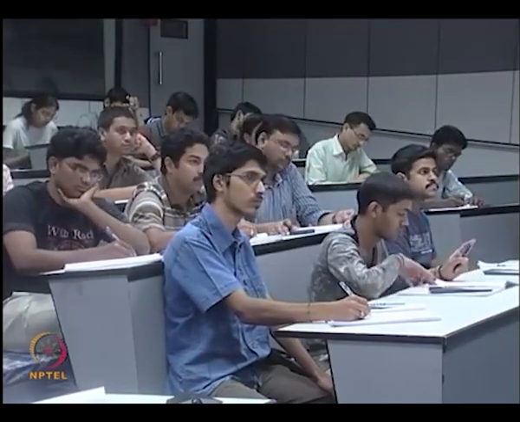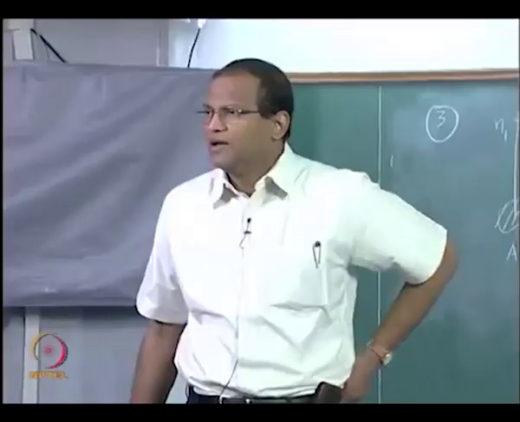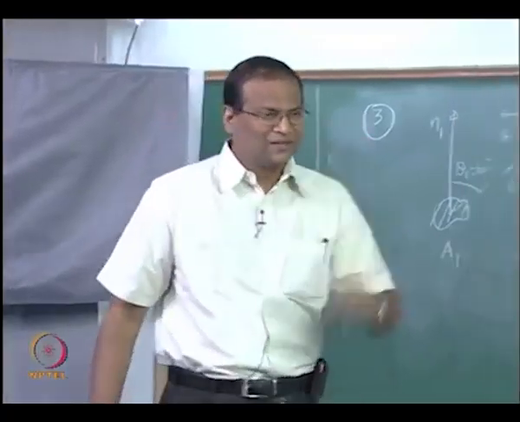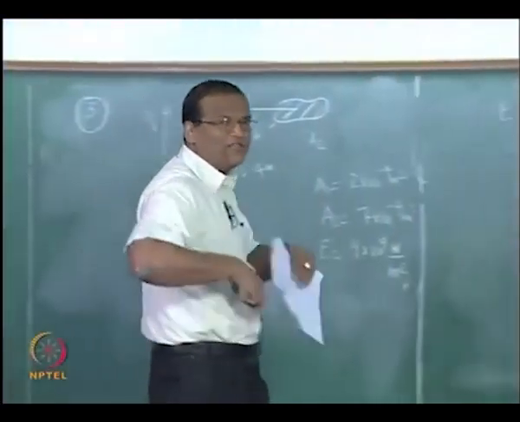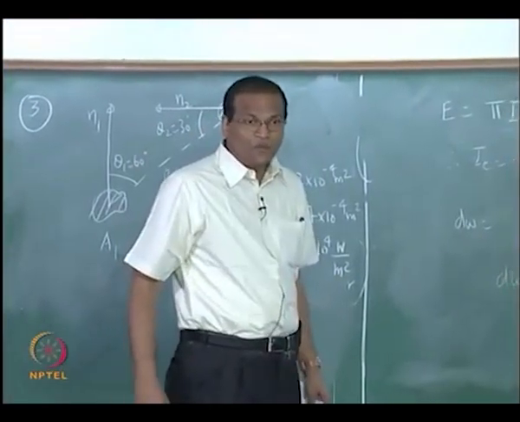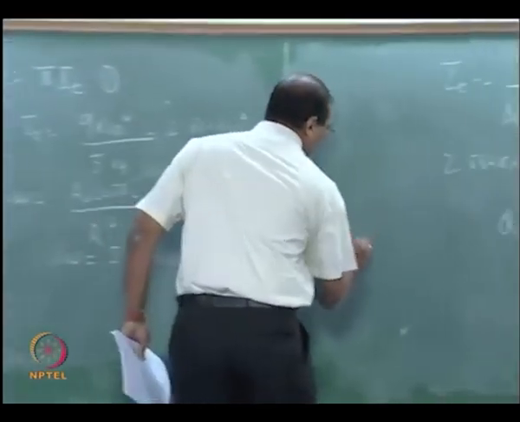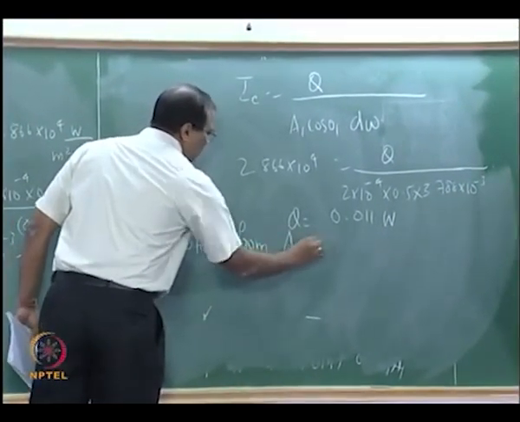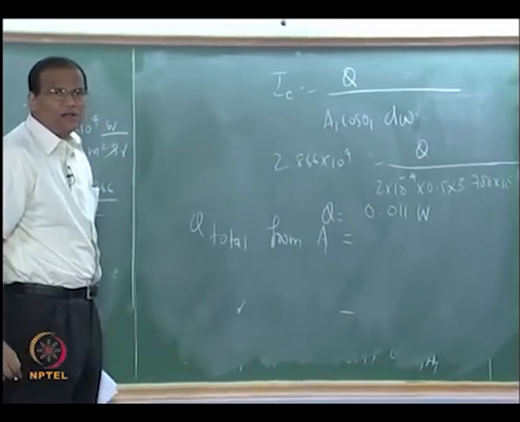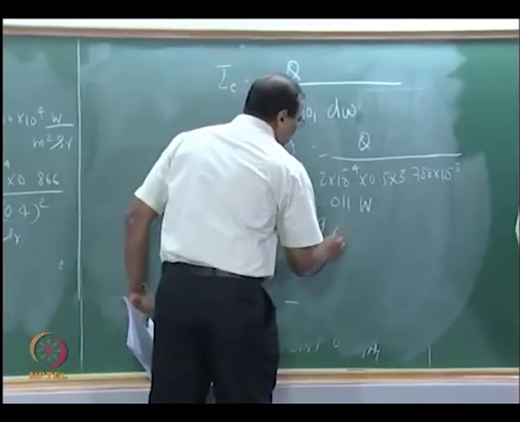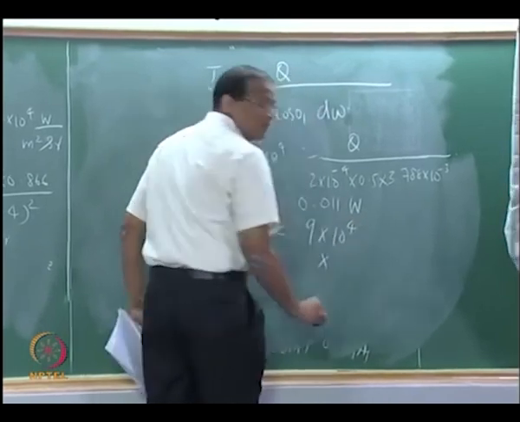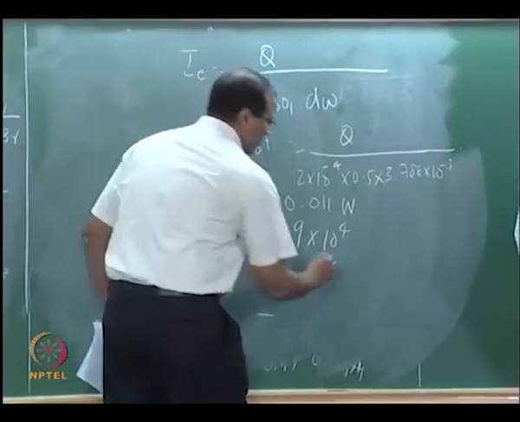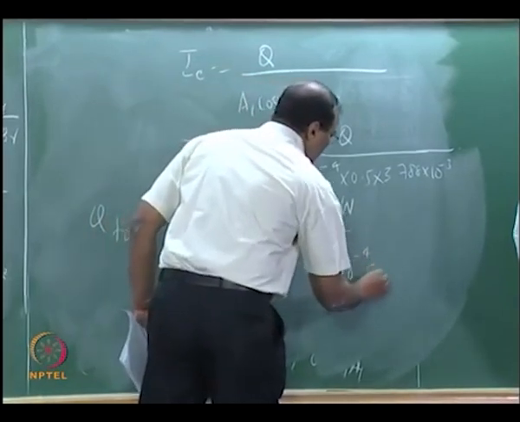But if you want to have a real physical picture, a more comprehensive picture of what the state of affairs is, then you will have to see what is the Q total which is coming out of the surface. What is the Q total from A1? 9 into 10 to the power of 4 into what is the area? 2 into 10 to the power of minus 4, 18 watts.